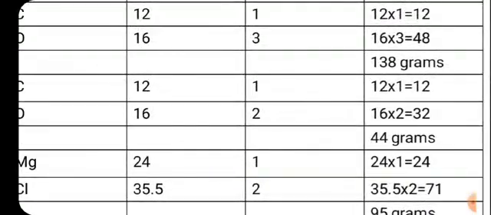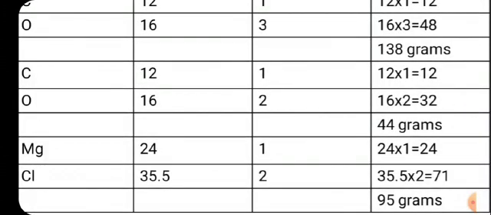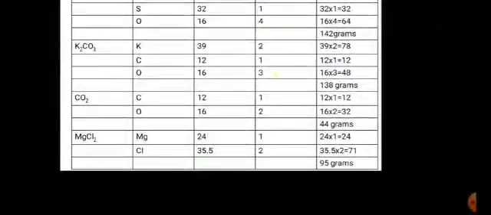Now 24, atomic mass of magnesium, is multiplied by number of magnesium atoms. 24 multiplied by 1 is 24. 35.5 is the atomic mass of chlorine and it is multiplied by number of atoms of chlorine, and here it is 2. 35.5 multiplied by 2 is 71 and 71 plus 24 gives you 95 grams or 95 Dalton as molecular mass of magnesium chloride.